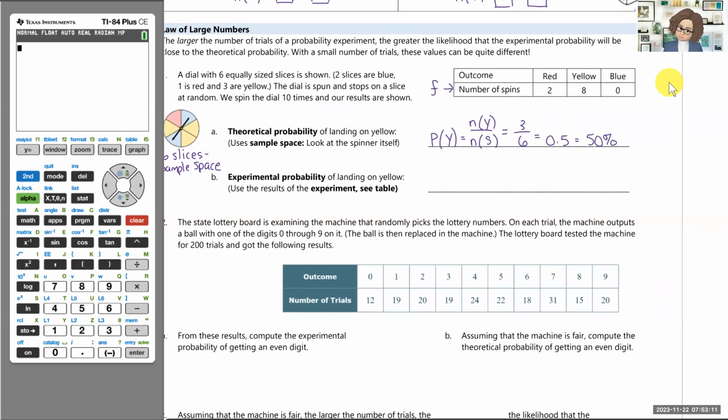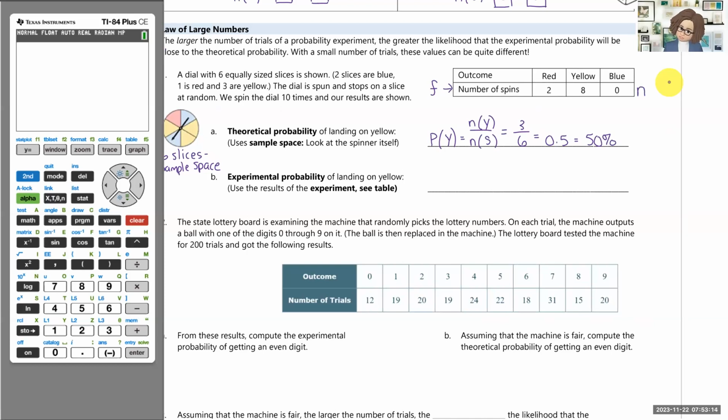So if we were to add up all those frequencies, this will be our N, the number of trials, and there's the 10 dial spins. So coming down to our experimental probability, the formula was frequency over N. So yellow occurred 8 times out of those 10 spins. And again, I'm going to write that in decimal. That's 0.8. And I'll switch that also to a percent, 80%.